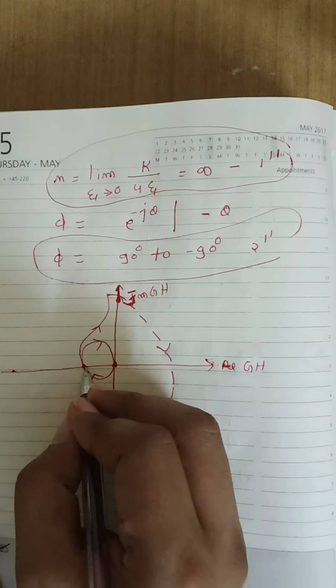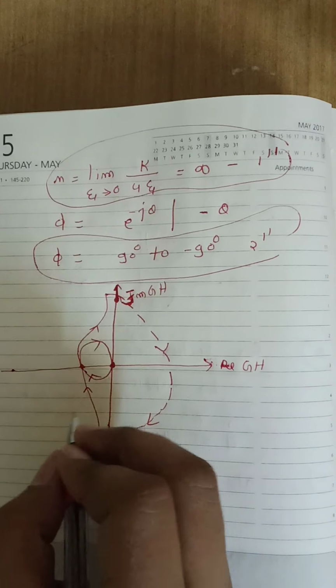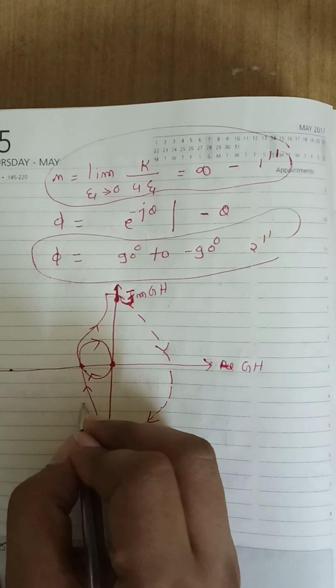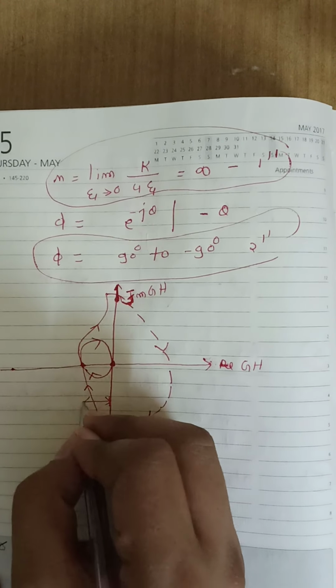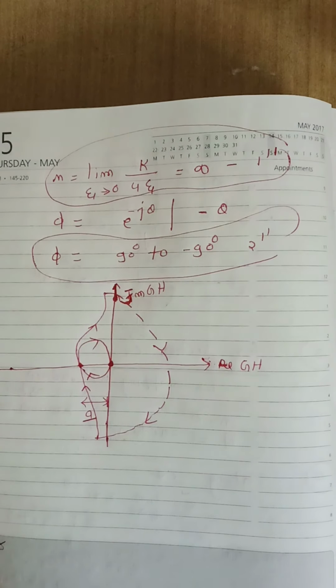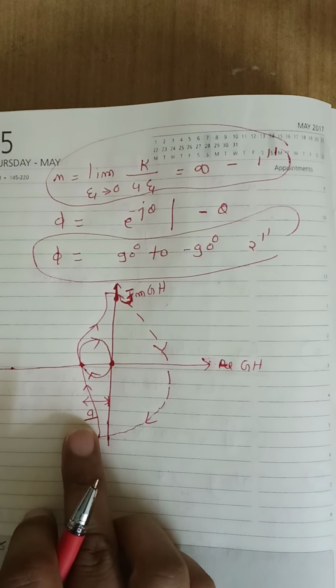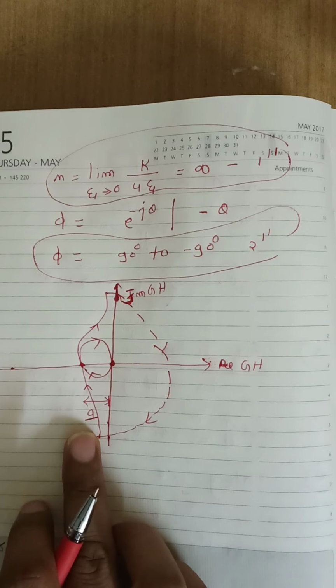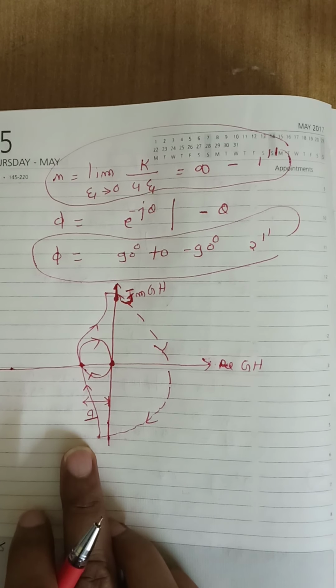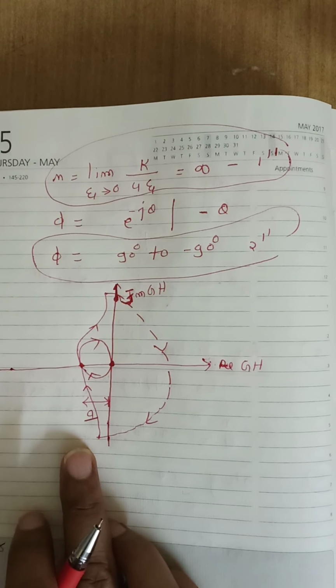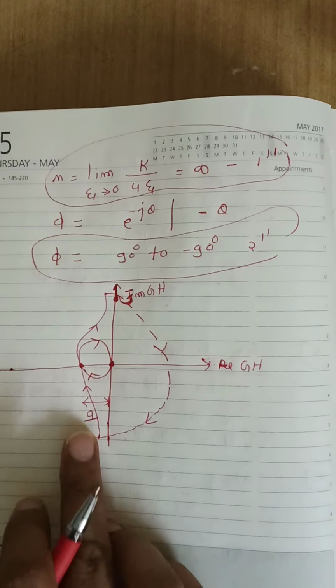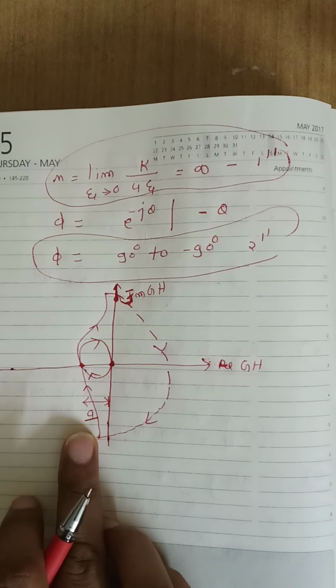To calculate this value, suppose this value is A. How can we define the value of A? According to the magnitude equation from plot 1, or you can also define it from plot 2. So here I am calculating A according to plot 1, that means according to the first equation.